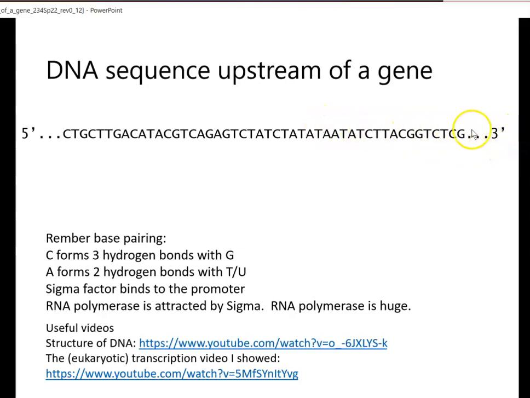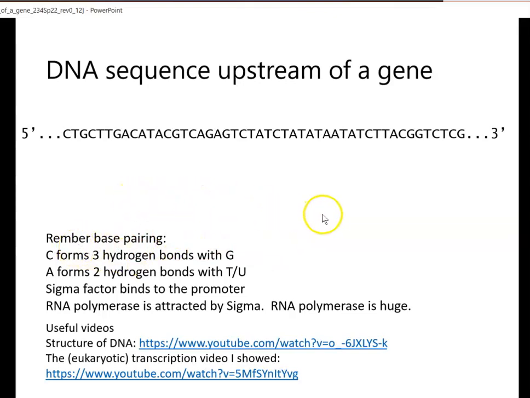But we're always going to go towards the 3 prime, and so the gene is off this way. This molecule of DNA continues in this direction, and it continues in this direction. So this is one DNA strand. It is one molecule, one very long chain.